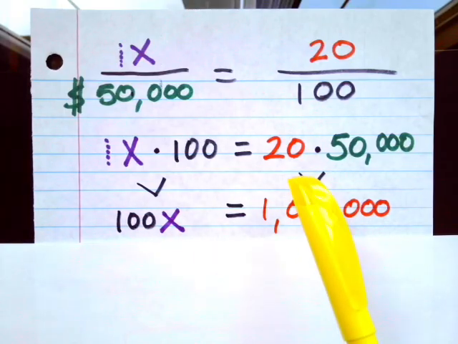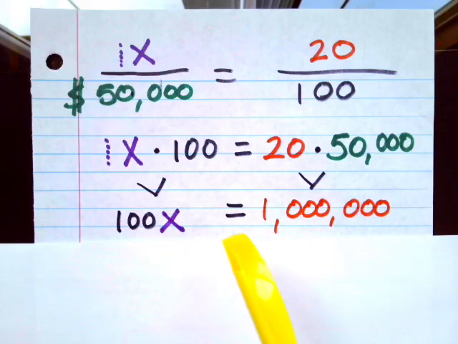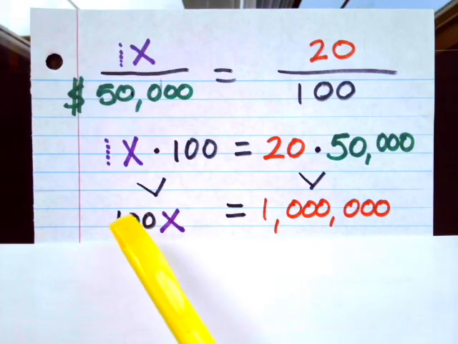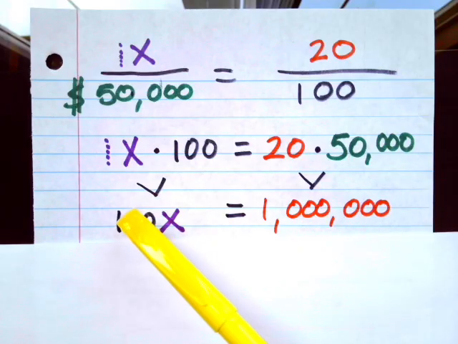Equals 20 times 50,000, which is 1 million. Now, 100 times what number would equal 1 million? If you know that, then you know the value of x. I'm going to say I don't know what that is. So I'm going to solve a one-step equation to get x all by itself. I want that 100 to turn into a 1.